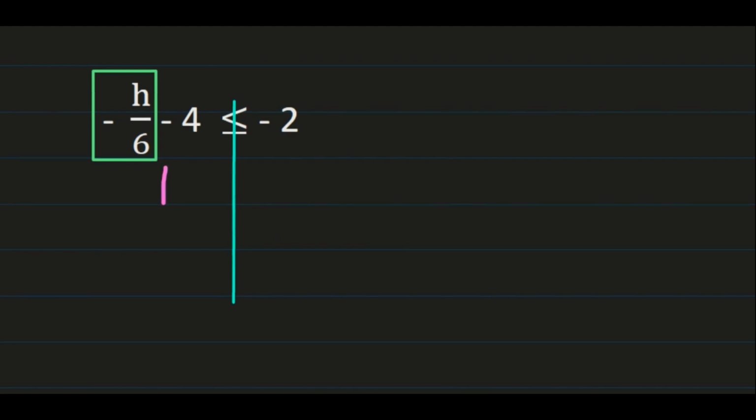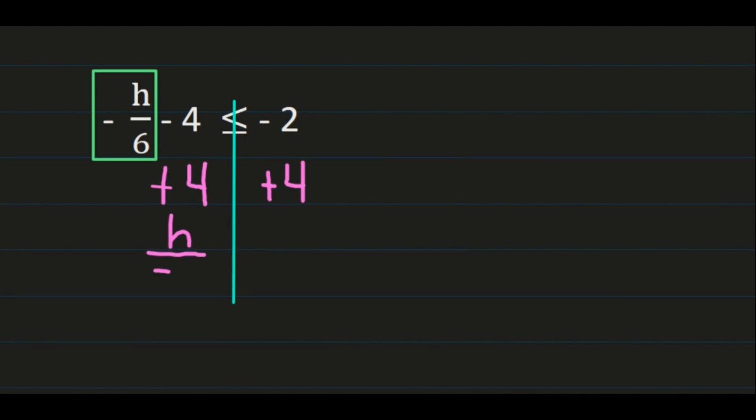I have negative h divided by 6 minus 4. So our inverse operation is going to be to add 4. If I add 4 to the left, I'll need to add 4 to the right. On the left-hand side, I'll have negative 4 plus 4, which is 0, which will leave me with the negative h divided by 6. But I want to clean that up just a little bit visually, so I'm going to put the negative with the 6.